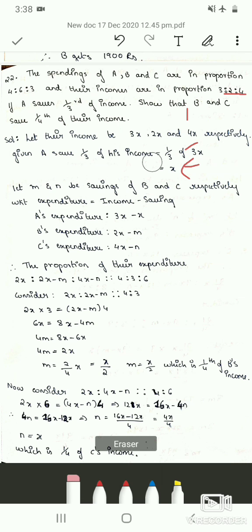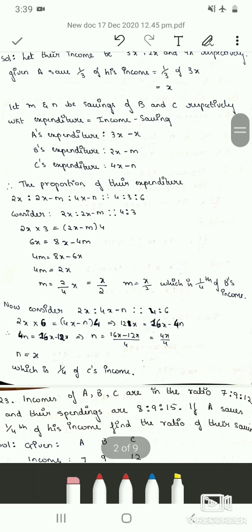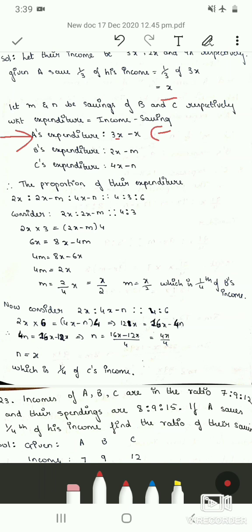So now let us take M and N as the savings of B and C respectively. Also we know that expenditure is nothing but income minus saving. So let us find A's expenditure. A's income is 3x and we have seen A's saving is x.